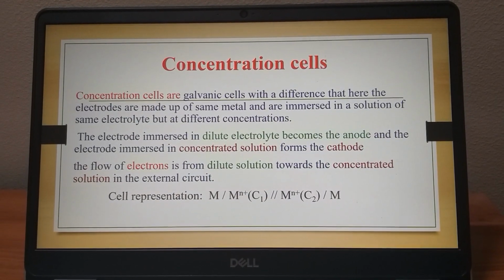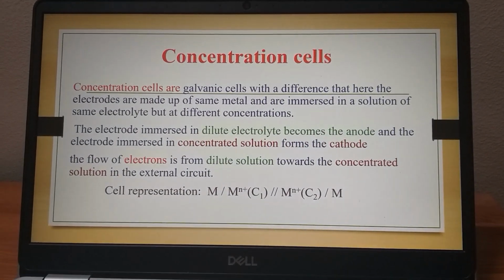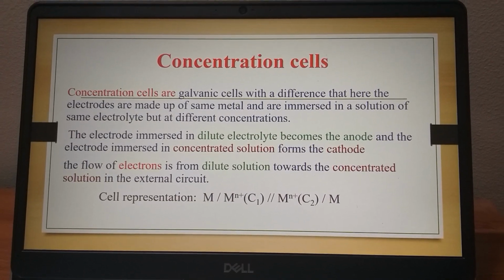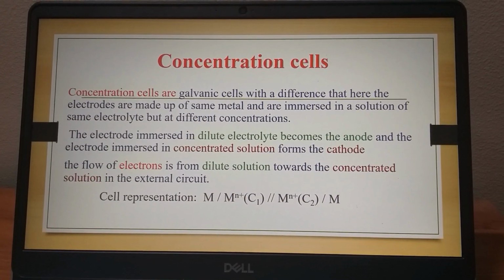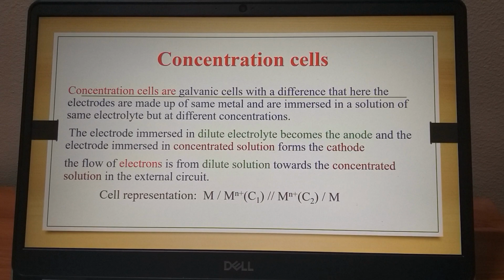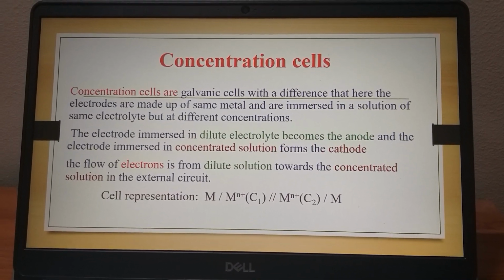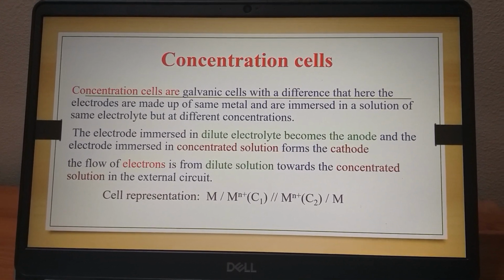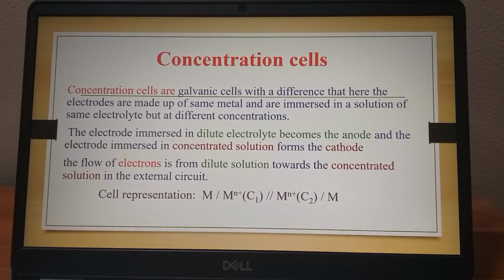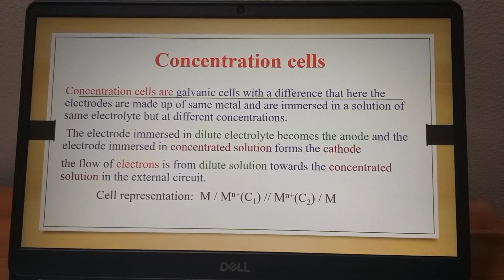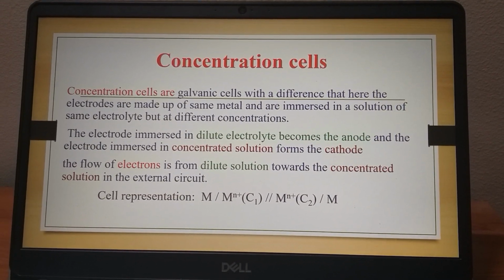In concentration cells, both the half cells have the same metal electrode, and the electrodes are immersed in a solution of the same ions as the metal electrodes, but the concentrations of the electrolytes are different.